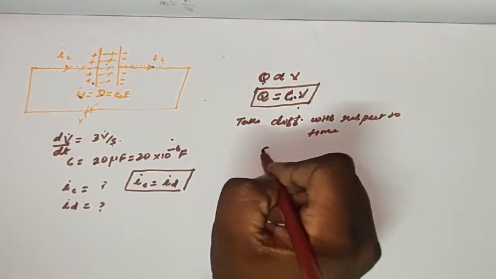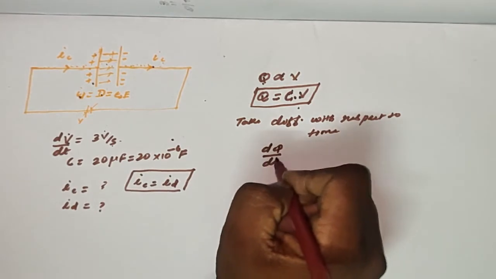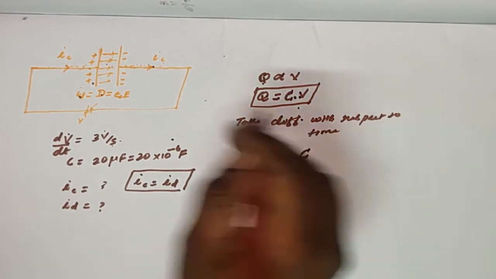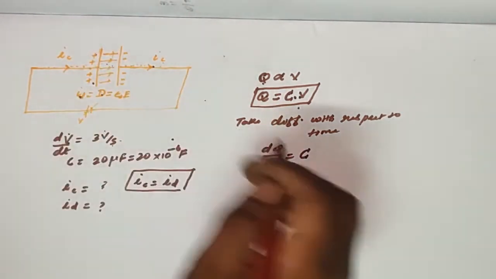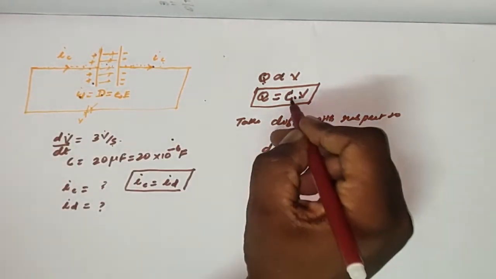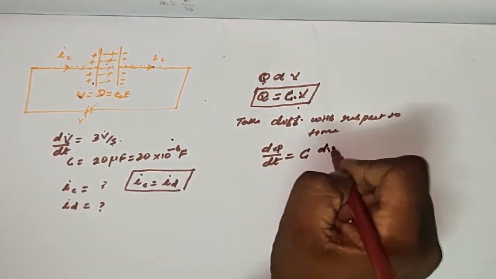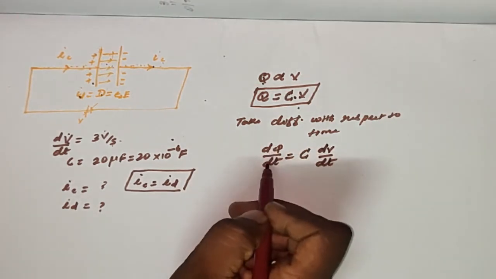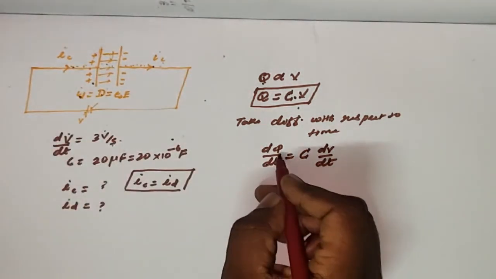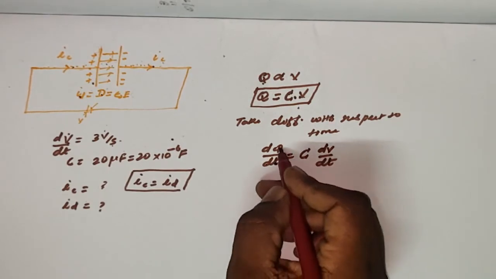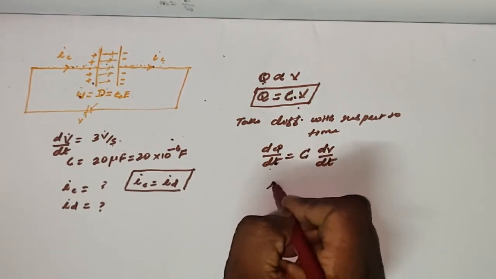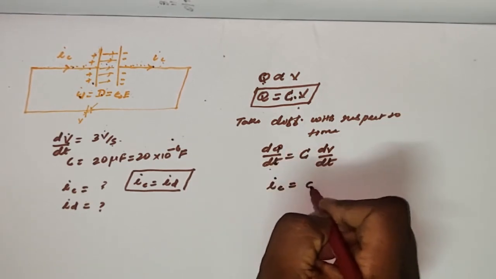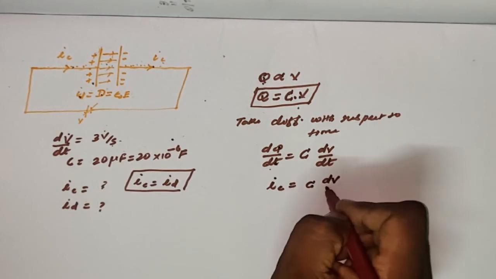The capacitance of the capacitor is constant, it is a property of the capacitor, so we don't differentiate it. Through the physical wire, dq by dt, the rate of change of charge carriers, is current, so we call it the conduction current. IC equals dq by dt, which is the capacitance times dV by dt.